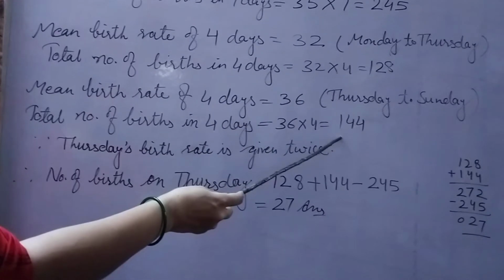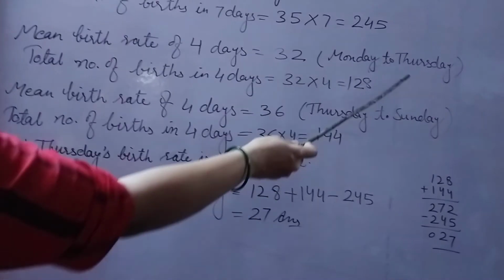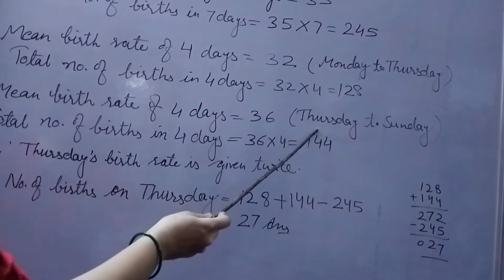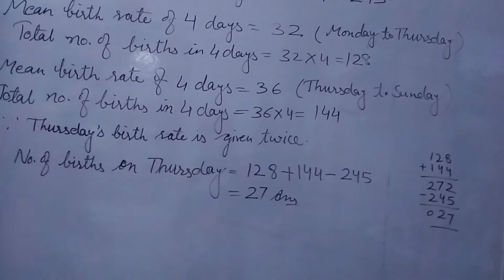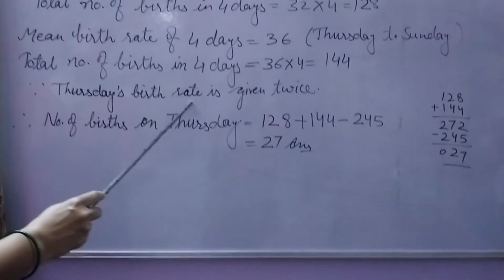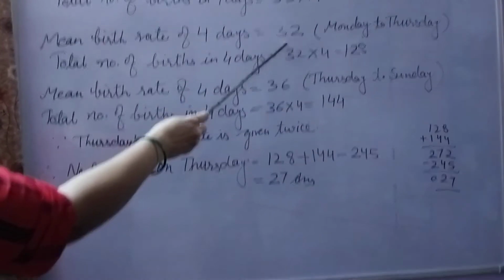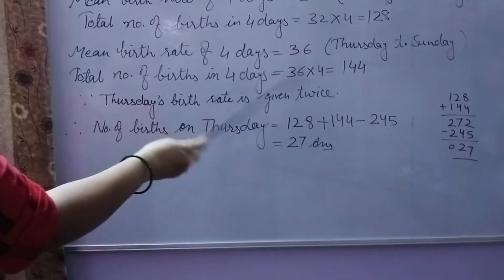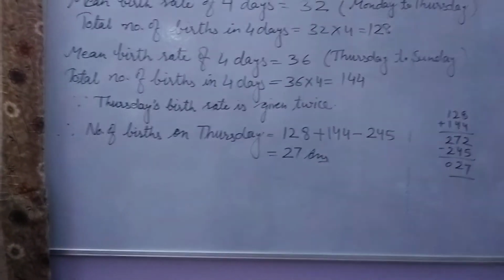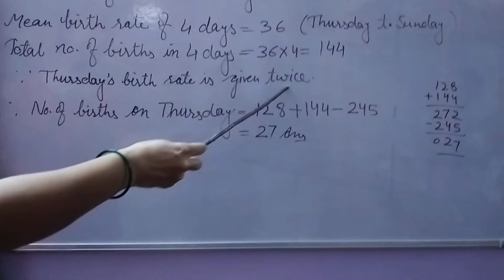Which day is repeated? Thursday, Thursday. Thursday is counted twice. We can write here that Thursday's birth rate is given twice. Thursday they counted here and Thursday they counted here also.